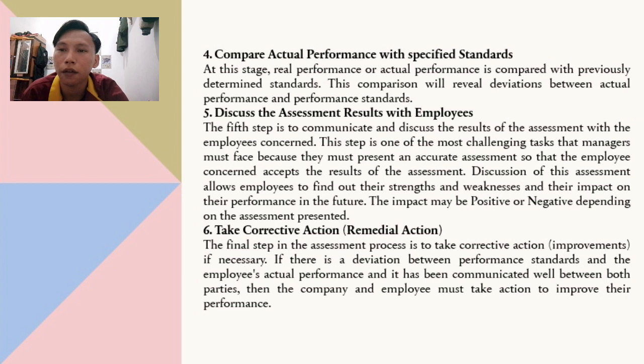Compare actual performance with specific standards. At this stage, real performance or actual performance is compared with previously determined standards. This comparison will reveal deviations between actual performance and performance standards.